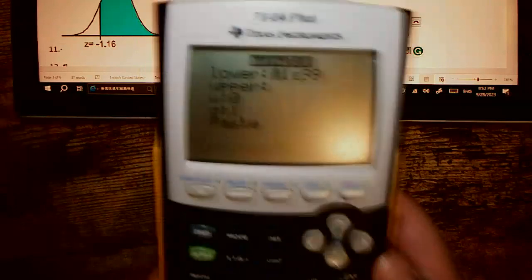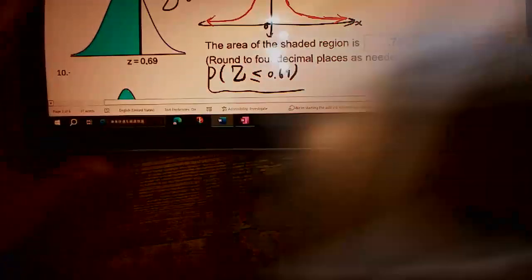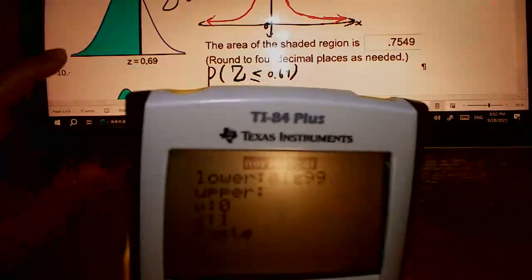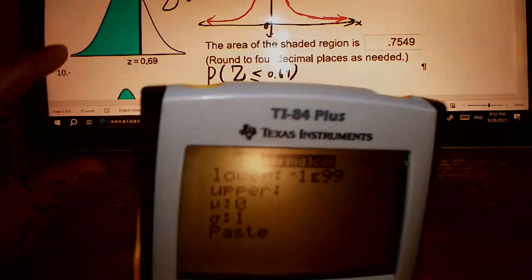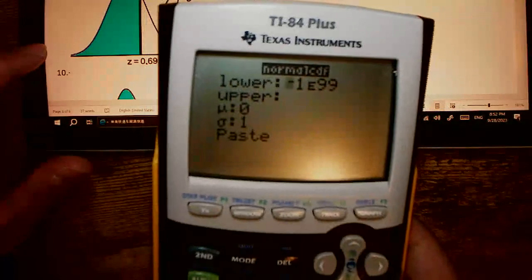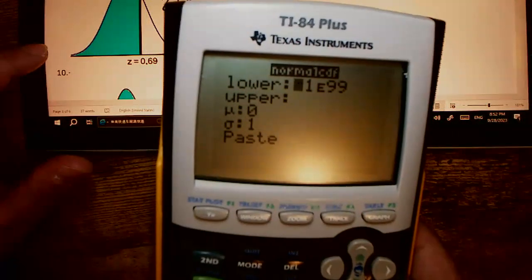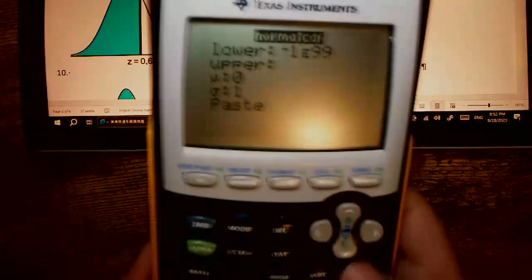For the lower bound, you can see the graph here, right? The region starts from negative infinity. On the calculator, negative E99 is negative infinity. It's already there. If it's not there, how do you enter it yourself?